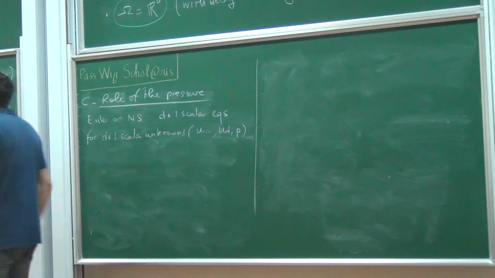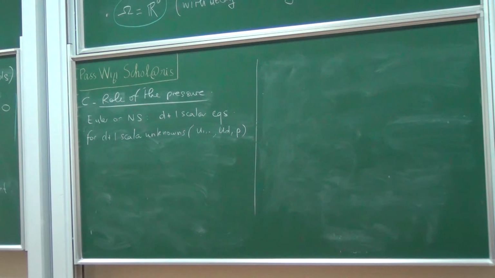The thing is that for each component of the velocity field you have an evolution equation, dt u1, ..., dt ud, but you have no evolution equation on p.